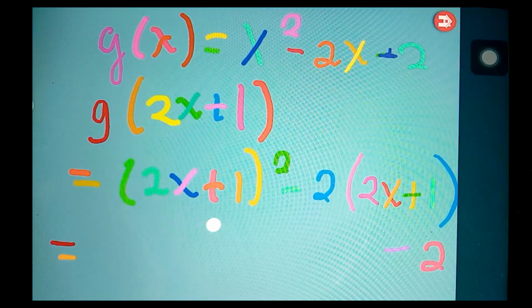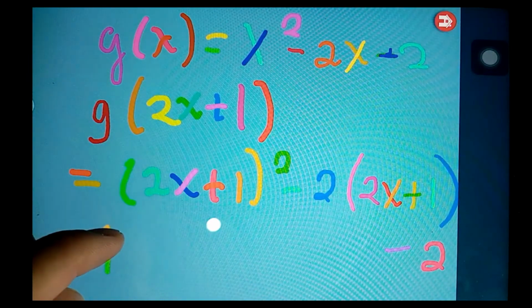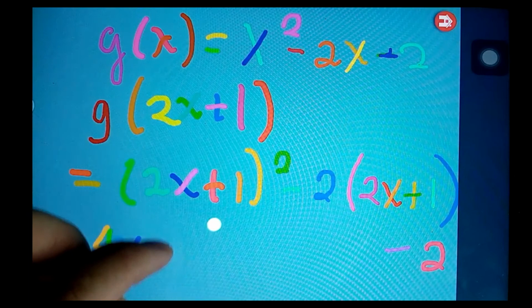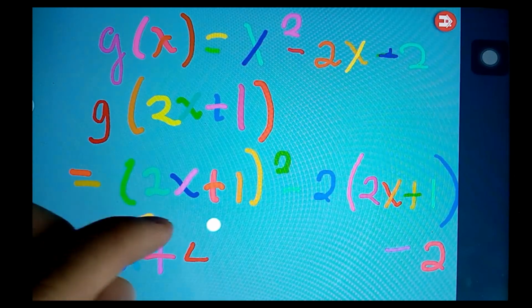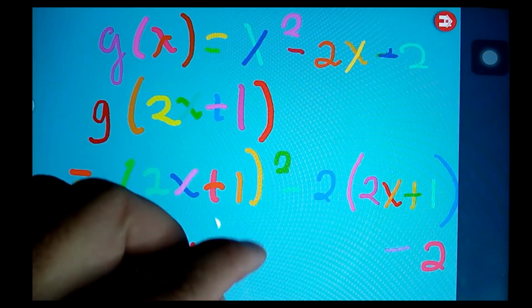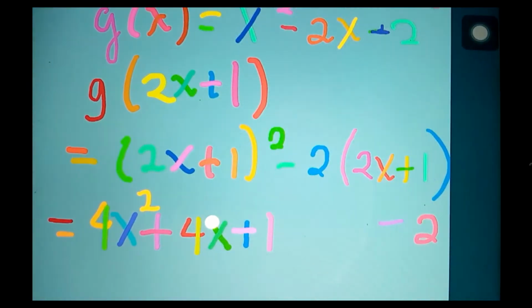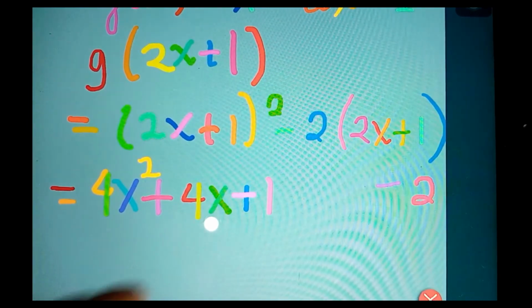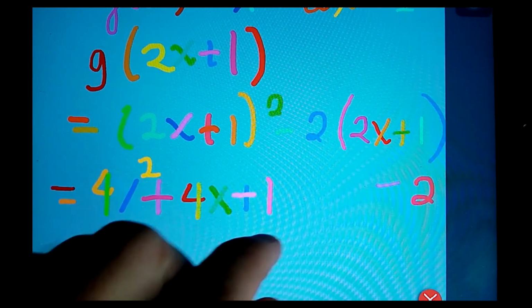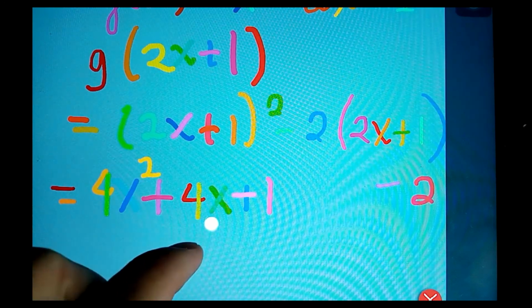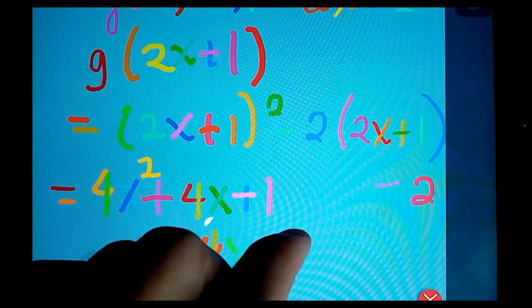The square of 2x plus 1 gives 4x squared plus 4x plus 1. Then distribute negative 2: we have negative 4x minus 2.